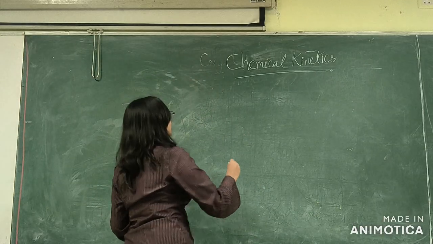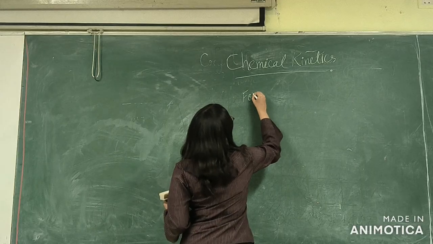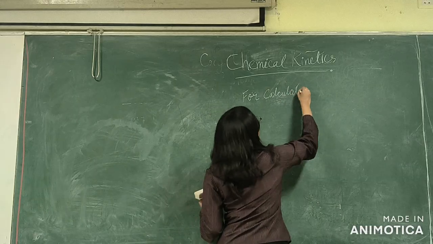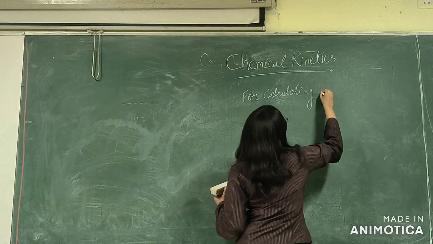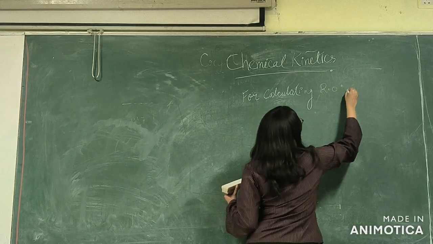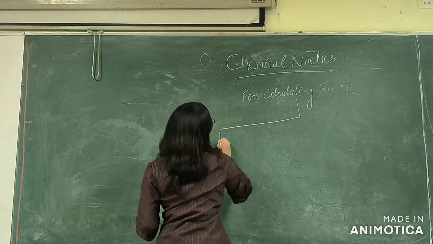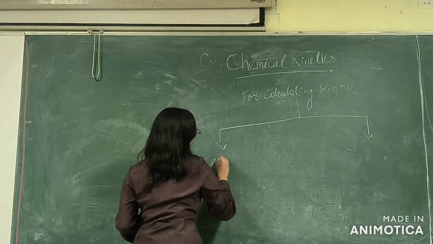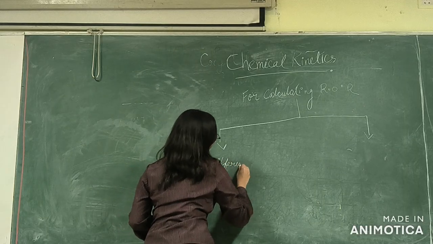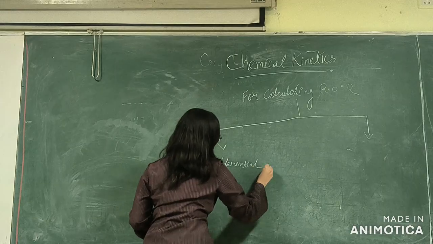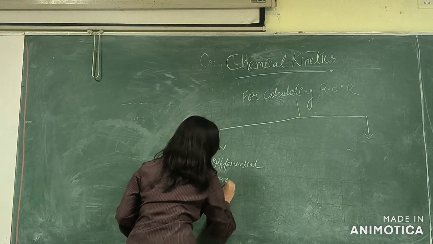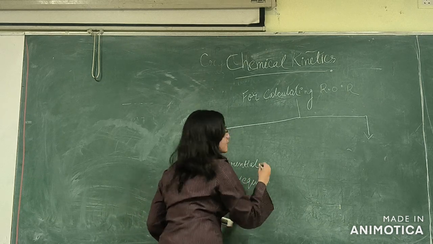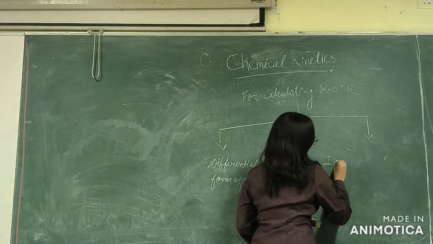So for calculating rate of reaction, we use two types of equations. First is the differential form of equation, and second is the integrated form equation.